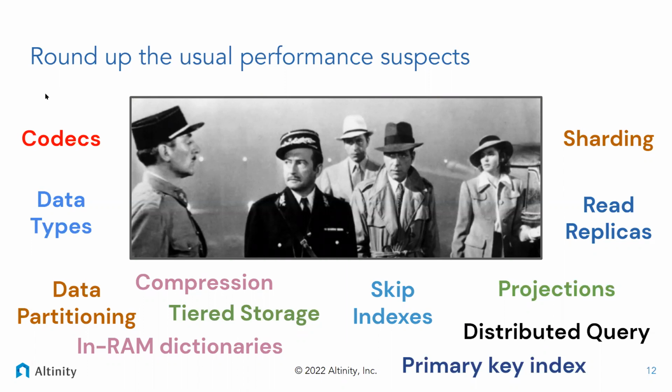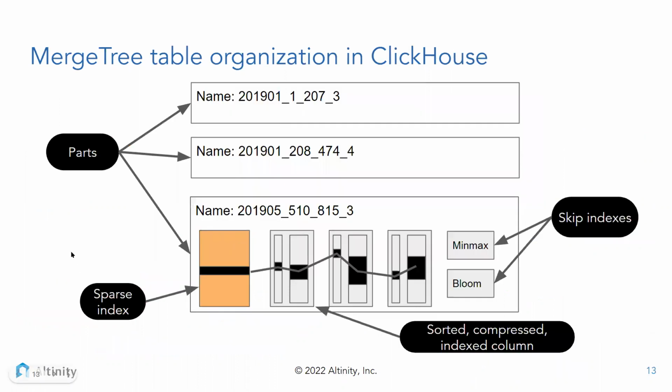What we're going to do here is focus on a couple of key areas, which include compression, use of indexes, correct data types, the basics, as well as some basic parallelization. So let's go ahead and dig into that.